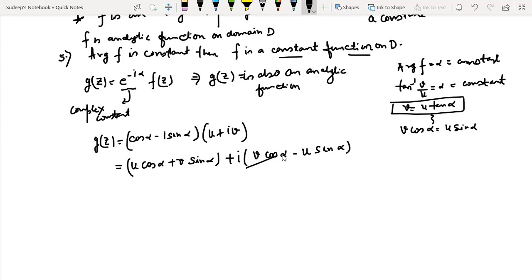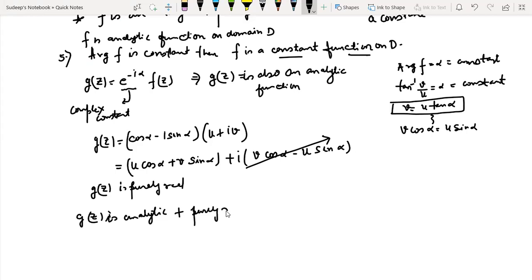It implies that this goes away. It implies that g(z) is purely real. And g(z) is analytic, so g(z) is an analytic function and it is purely real. It implies what?